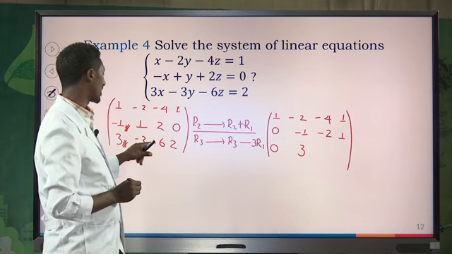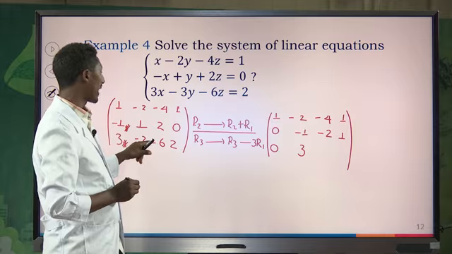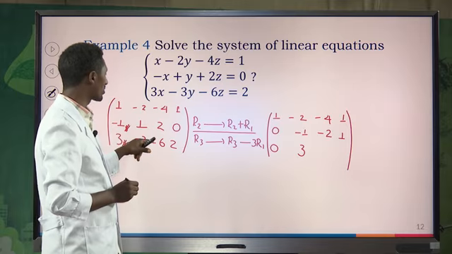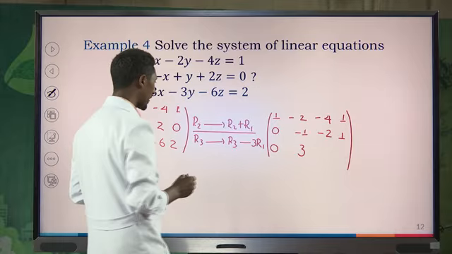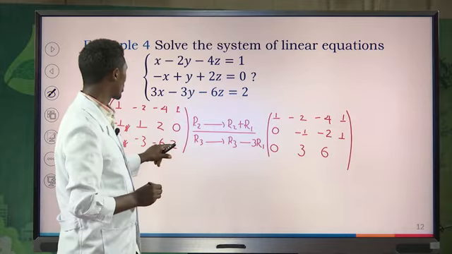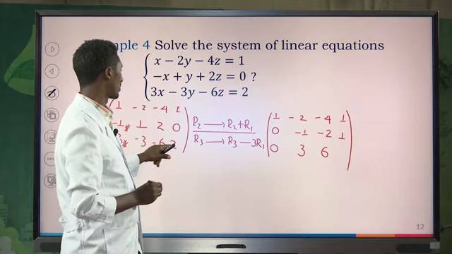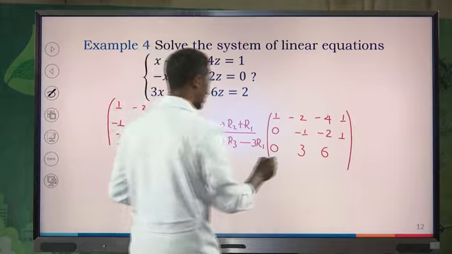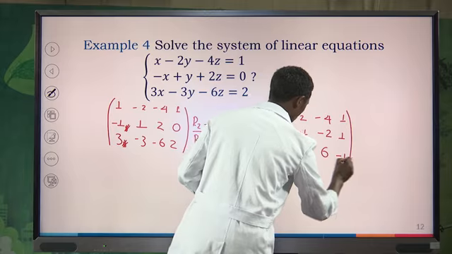Minus 6 minus 3 times minus 4, that is minus 6 plus 12, that's 6. And 2 minus 3 times 1, that's 2 minus 3, it's minus 1.